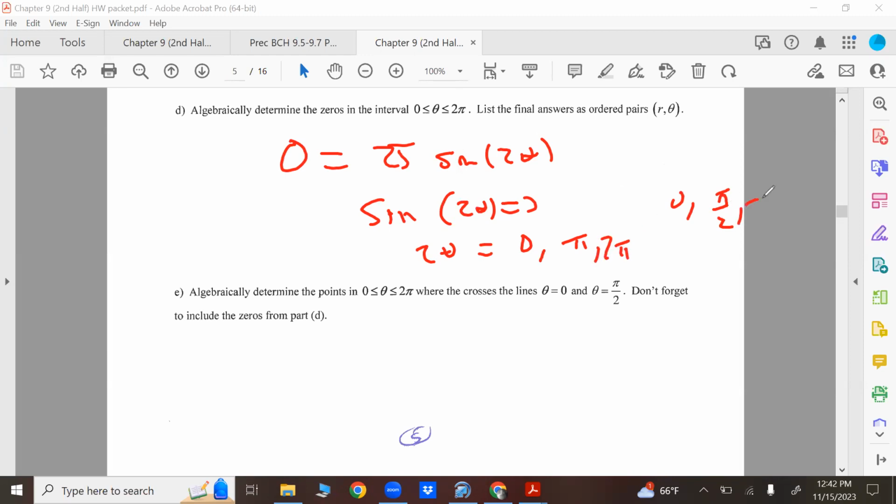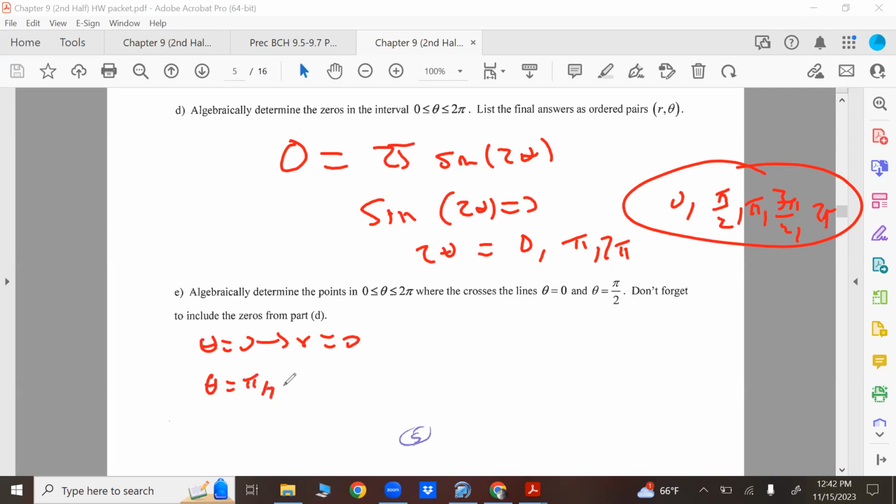When you divide by 2, you get this, and also 3 pi over 2 and 2 pi. So I'm getting 5 answers. That'd work. And then determine where it crosses theta equals 0. Well, we already know that's theta equals 0. That's r equals 0. At theta equals pi over 2, that would be at 0, pi over 2, and again, that's 0, 0 for that.